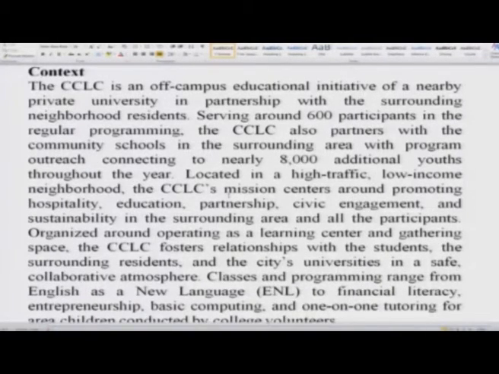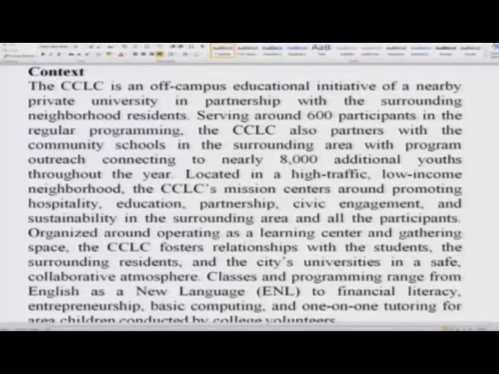Context. So, now more details about CCLC. The CCLC is an off-campus educational initiative of a nearby private university in partnership with the surrounding neighborhood residents.